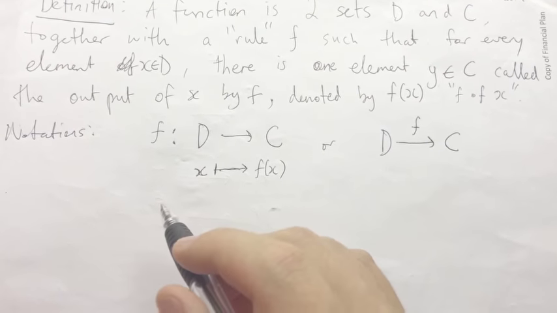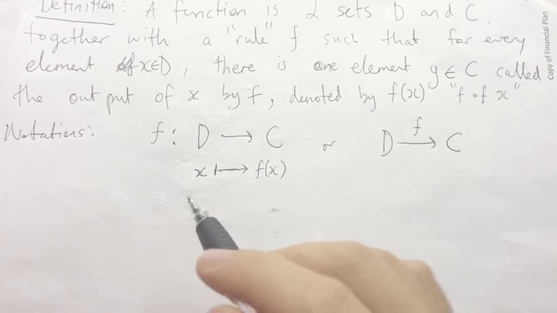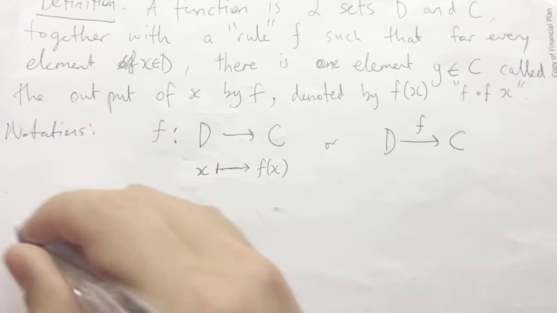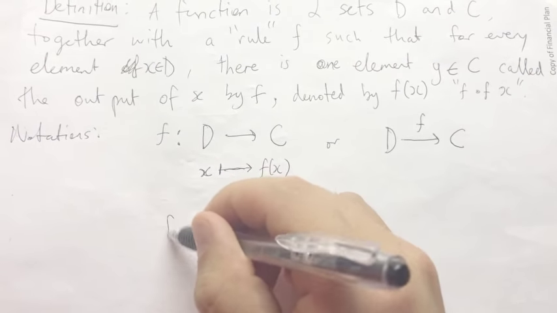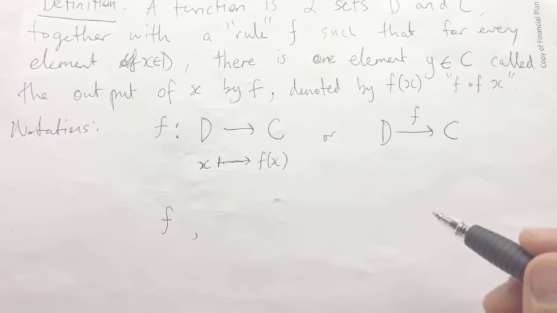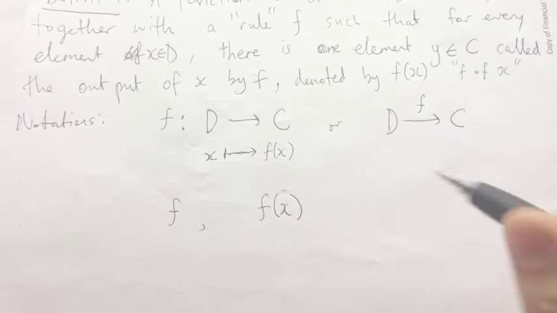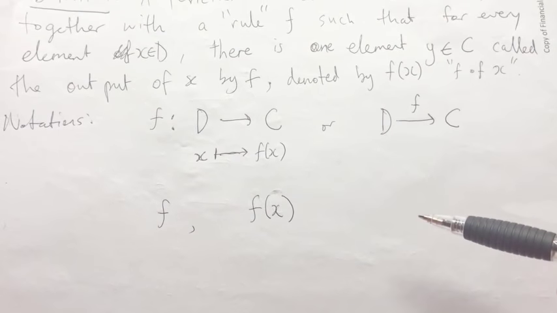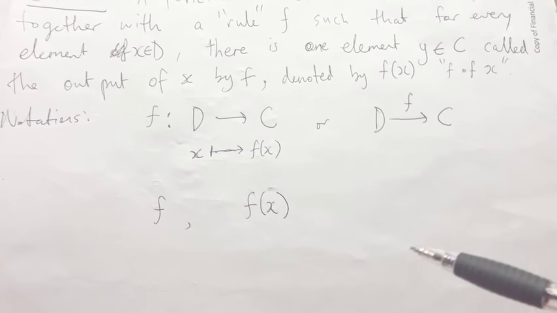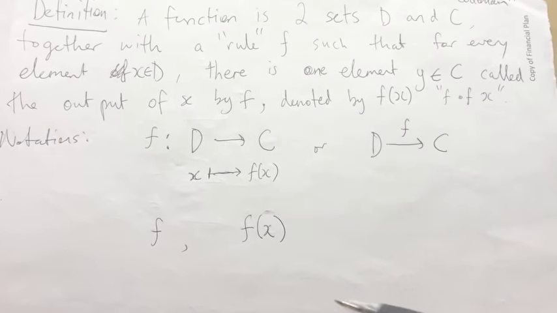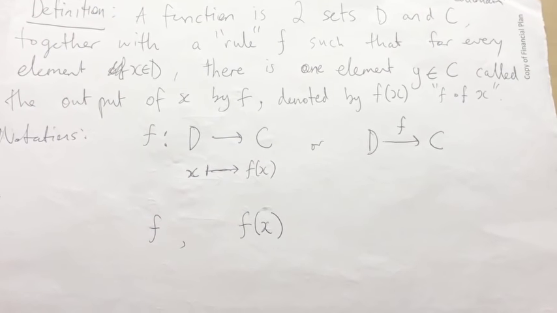So some people forget the domain and the codomain altogether and just simply write f, or they just write f of x and a formula. And the abuse really comes from the forgetting of the domain and the codomain.